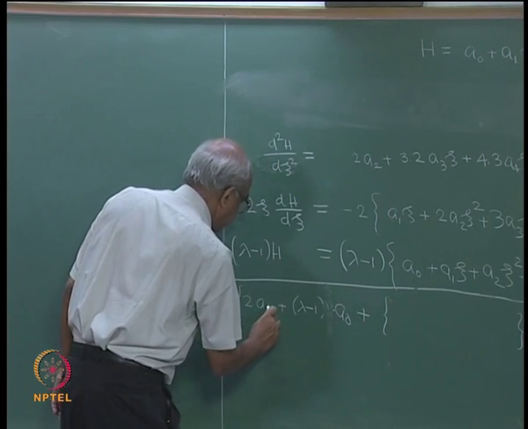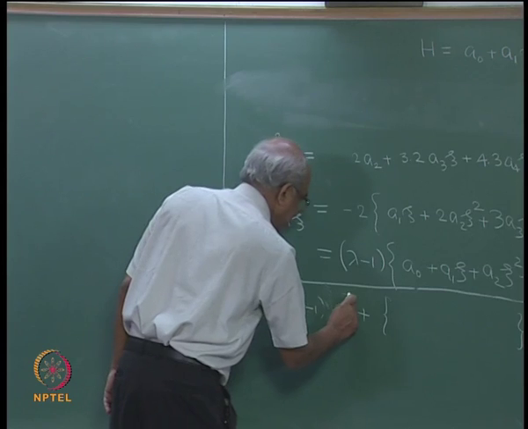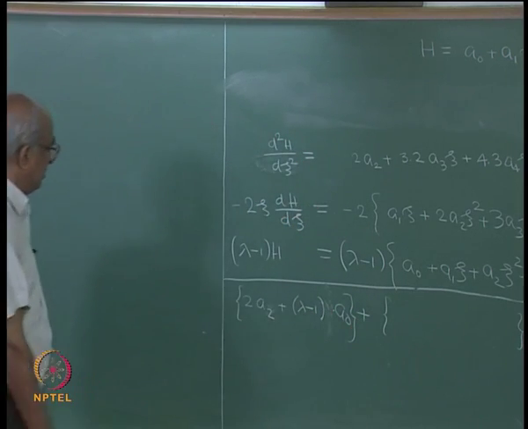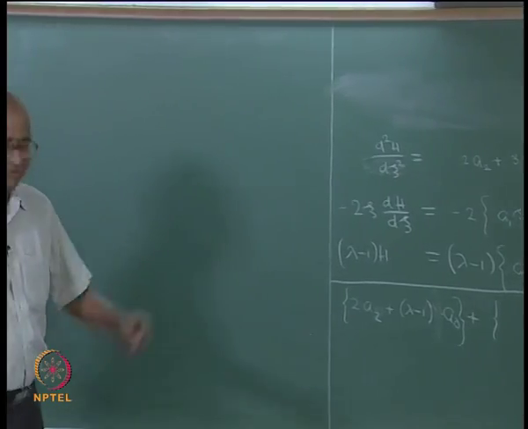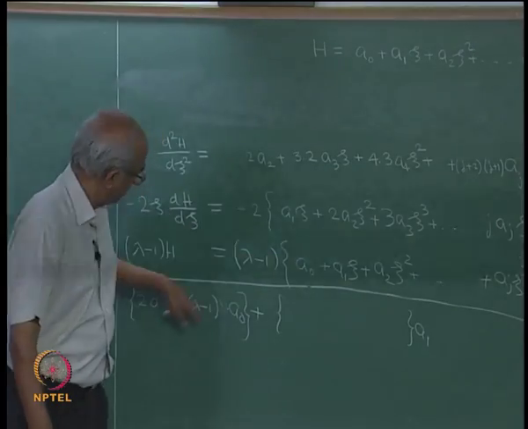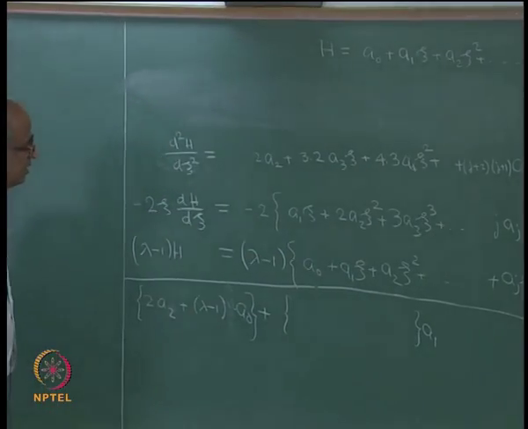So, please watch out, you see I do make mistakes. It is actually 2a2, I have taken 2a2 from here and (lambda minus 1) into a0. So, therefore, that is fine.